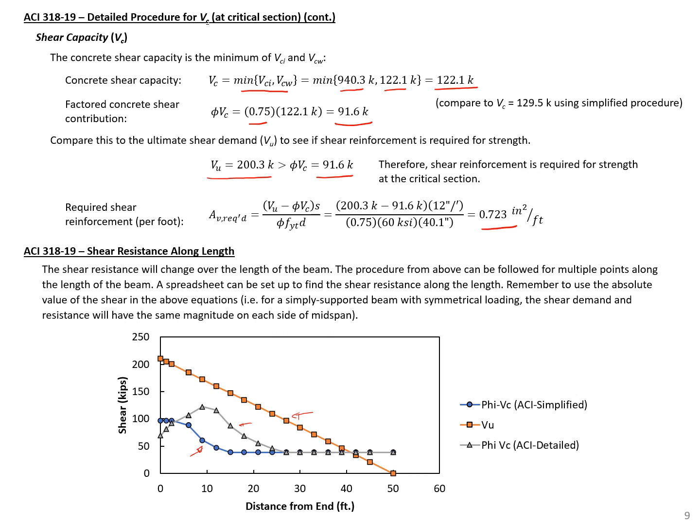We'll need shear reinforcement for strength for the majority of the length up until our factored shear resistance from our concrete crosses our shear demand. And then at this point here, we'll need minimum shear reinforcement for the rest of the beam. So that concludes our ACI 318-19 portion of this example.